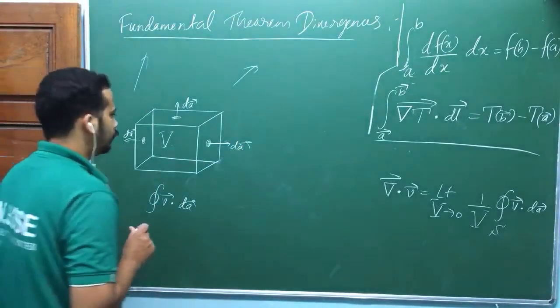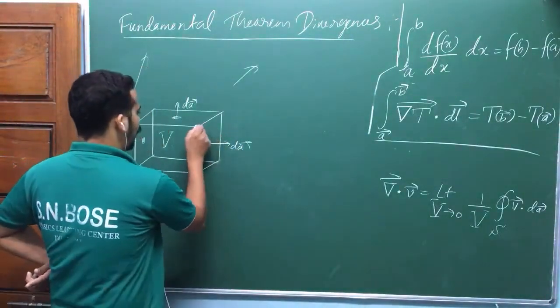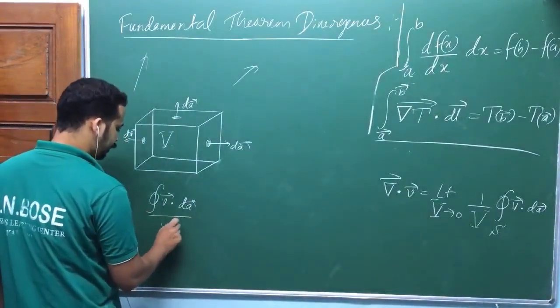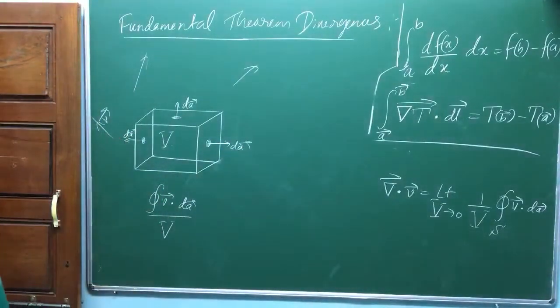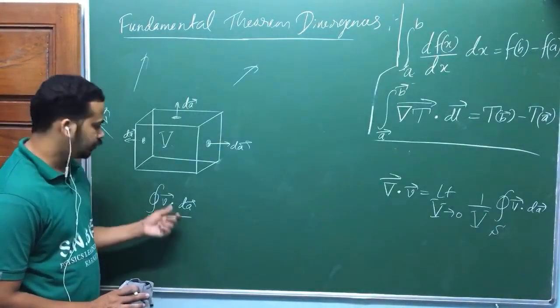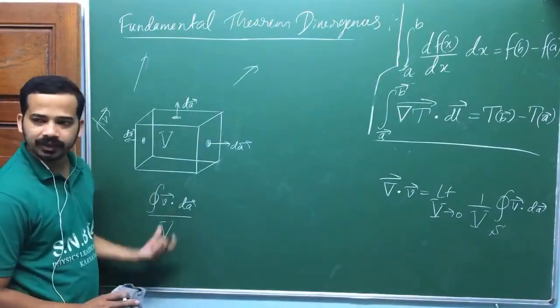Now what I do is divide by the volume. So this was a kind of density, per unit volume.